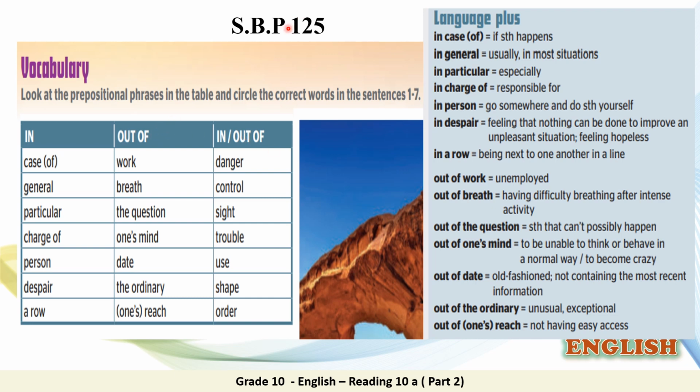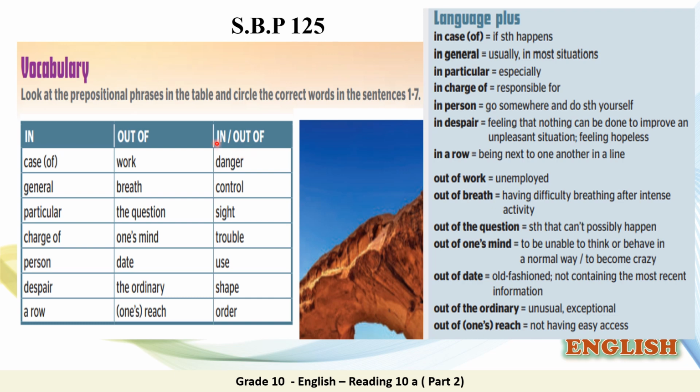Go to your student book, page 125, Vocabulary. Look at the prepositional phrases in the table and circle the correct words in the sentences from 1 to 7. Now let's look at this table. What prepositions are we going to use? In and out of. Also, we have some words that take in, and you can form the opposite meaning by using out of.